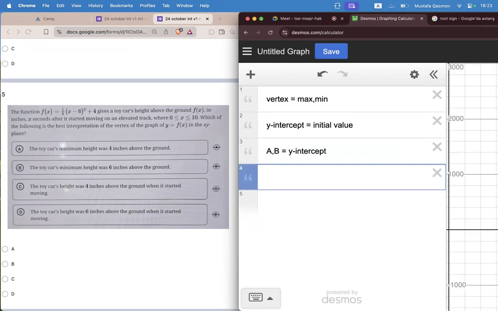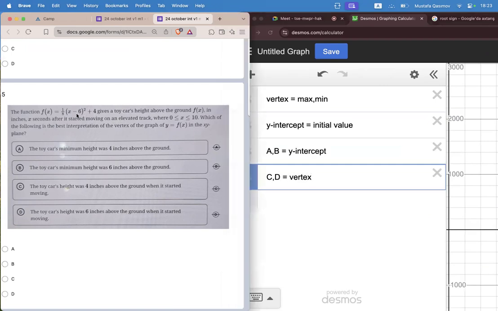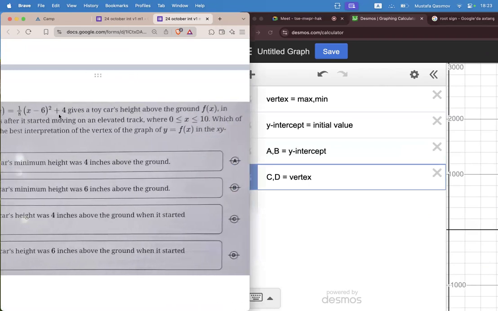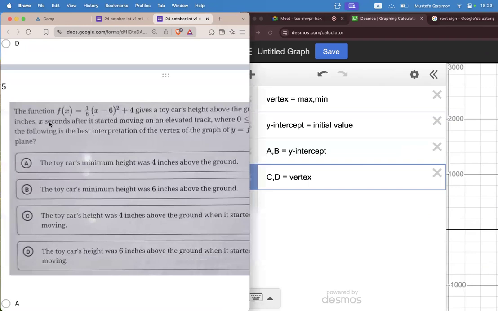For C and D, because it is related to minimum maximum, it is equal to vertex. And for this function, we can see that f of x represents the number of feet, I think, or inch, number of inch. It makes this 4 inch. So this 4 is minimum height.